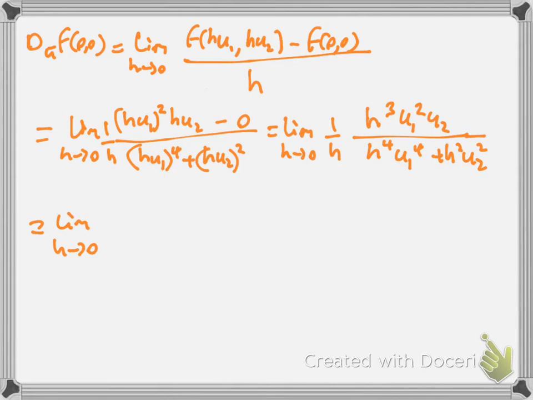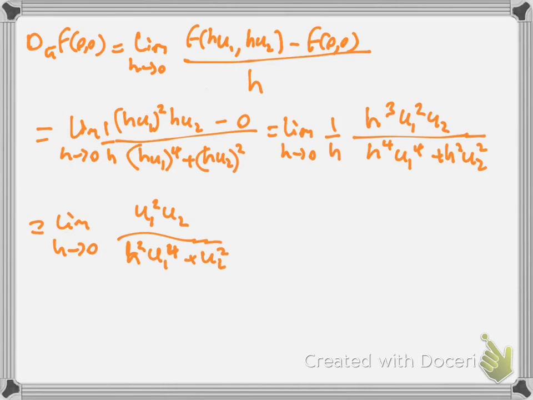Remember, when taking a limit, h is not 0, so we can cancel out these terms because we're not cancelling at 0. So what we get is u1 squared u2 divided by h squared u1 to the 4th plus u2 squared.